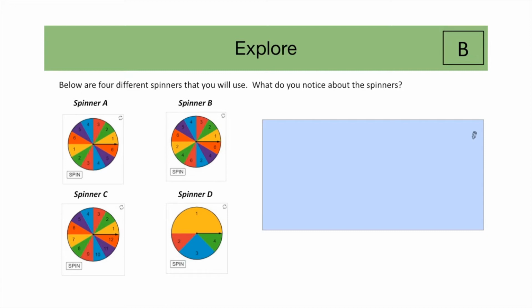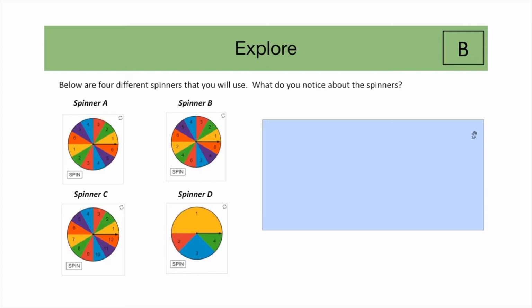Students may point out that they're all circles, that they all include the number 1 in some aspect, that they all include the number 2 in some aspect, that they all include the number 3 in some aspect, and they all include the number 4 in some aspect. Some students might point out that certain spinners have numbers other than 1, 2, 3, or 4, such as spinner A, B, and C. Some students may point out that spinner C is the only one that goes into double digits.